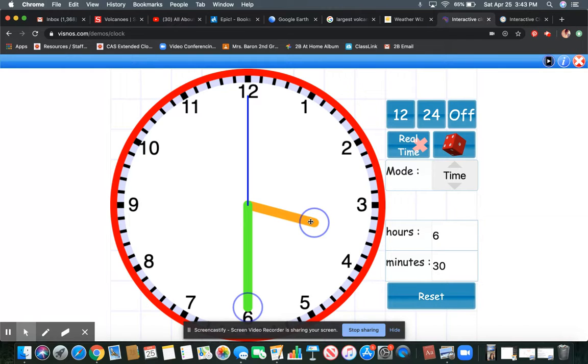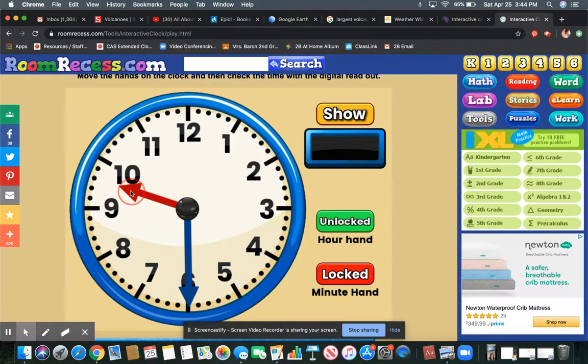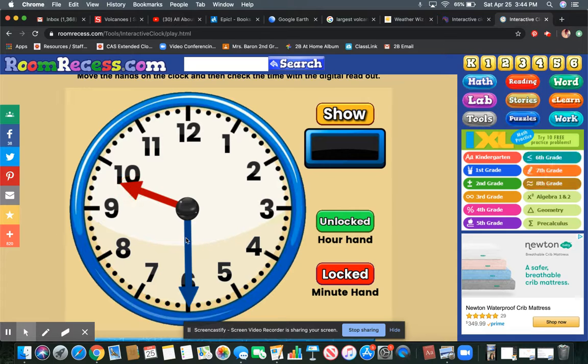The same goes if it's just a little bit after the 9, then you know it's 9:10, 9:15, 9:07, whatever. If it's a little bit before the 10, so let's go to this site. If it's a little bit before the 10 here, now remember, we're not trying to cover the minute hand with my hand. That won't work.